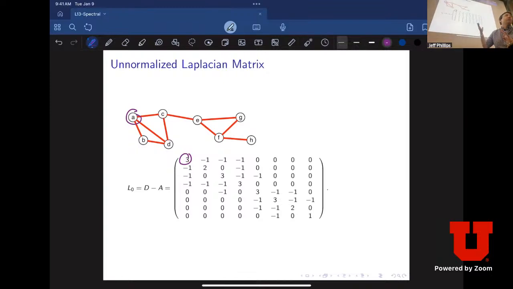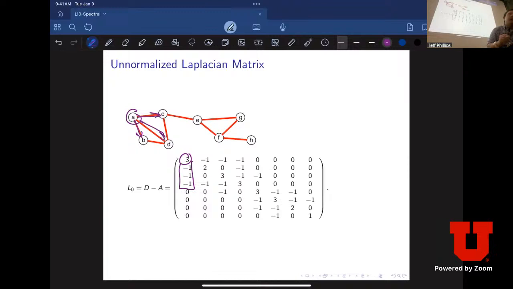If I have no self loops, which I haven't, let's not worry about self loops in this part of the class, then all the diagonal entries were 0 in the adjacency. So I can read off the diagonal there, and everything in the adjacency is now negated. I have a negative number, and I can think of this as the information flowing out of here.